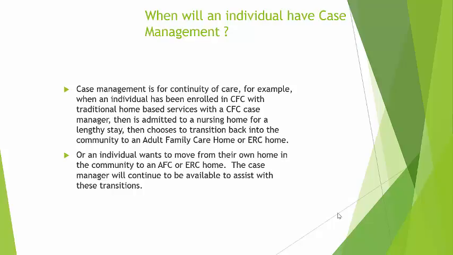So as an example, it could be that we have an individual who is residing at their own home, receiving traditional home-based services, and then gets admitted to a nursing facility for a lengthy stay, and then coming back out of the nursing home, chooses to go back to the community, however decides that living in their own home may not be the best option for them now, so they would then choose the adult family care home option.